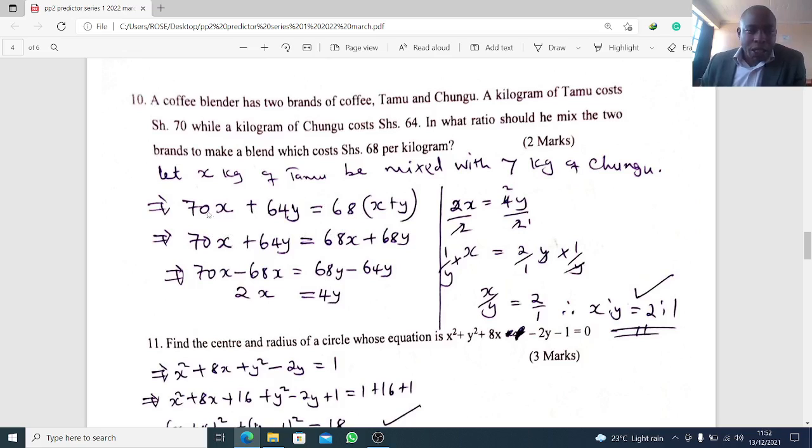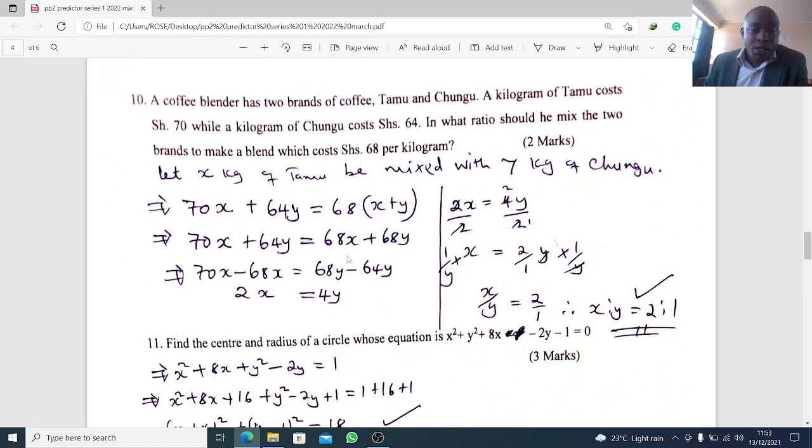Because if we let x kg of Tamu be mixed with y kg of Chungu, that means the cost is 70x plus 64y. This will be equal to the cost of the mixture, which is 68 shillings per kg, times the sum of the mixture, which is x plus y. So 70x plus 64y equals 68x plus 68y.